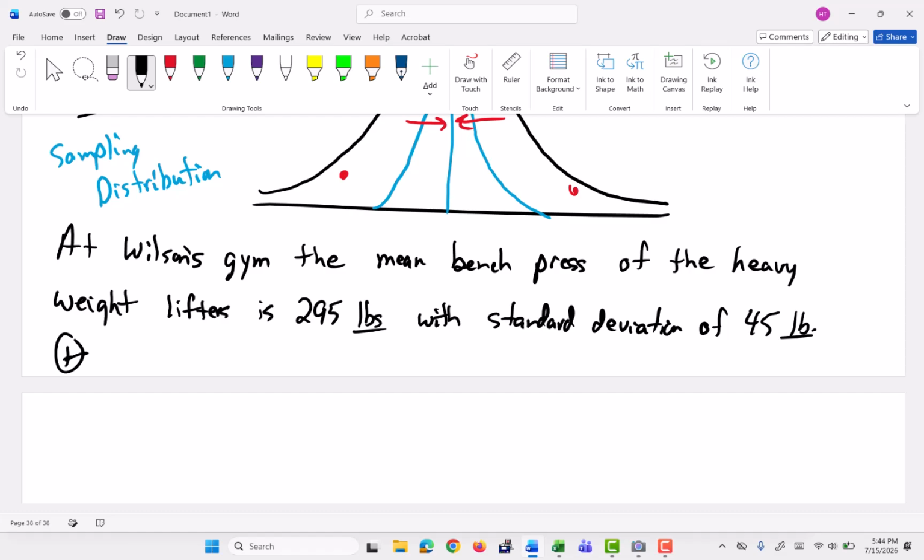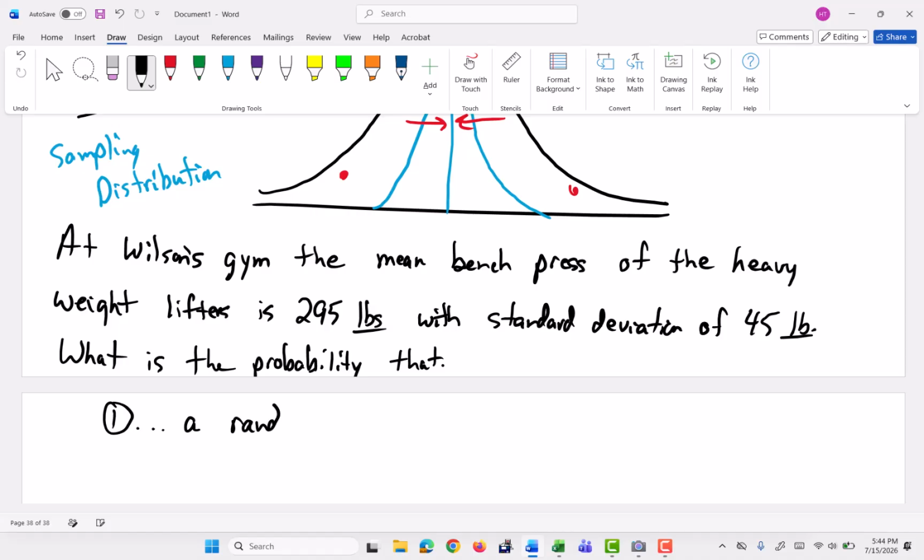So what is the probability here? Let me write this out. That a randomly selected athlete, we'll say a randomly selected lifter, benches at least 300 pounds.